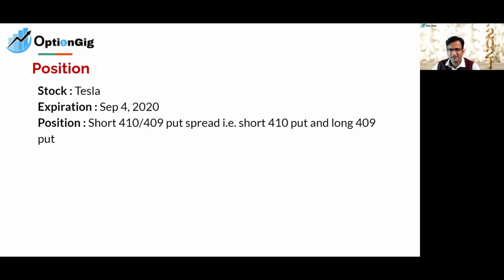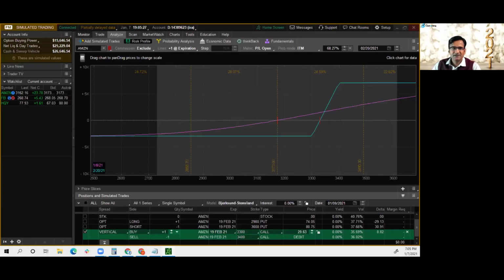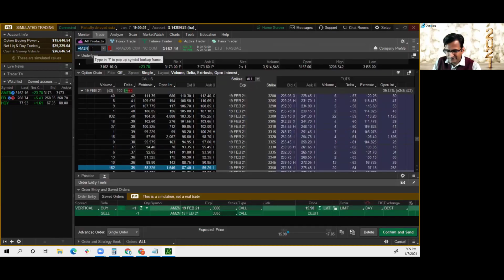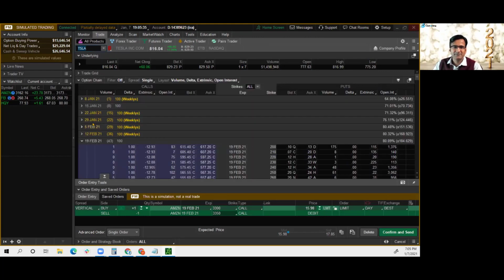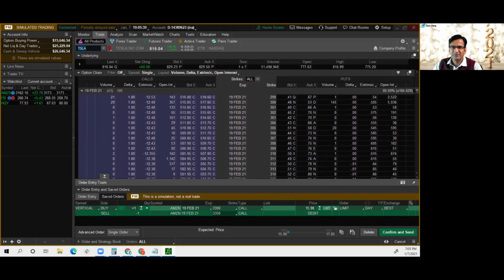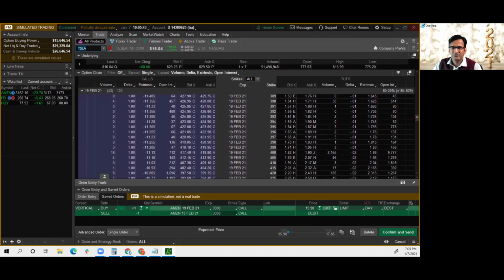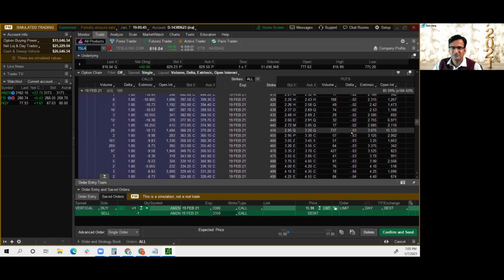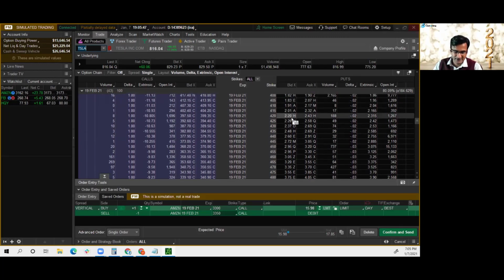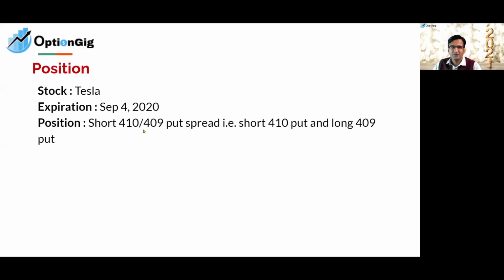As we looked at earlier, ideally, in this case, because this was September, the pricing is of course completely different now. But if I just frame the trade, 410 for 409, you understand this is just a $1 wide spread.